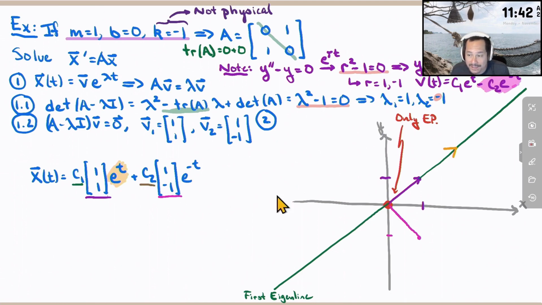If I multiply this by any positive number, it'll just scale this vector and make it longer, like this. And if C2 is negative, it'll bust it into quadrant 2 and negate everything, so there's a continuation of this vector going into quadrant 2. So any multiple of this vector right here makes this second eigenline.